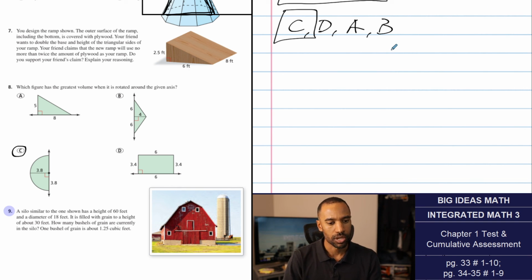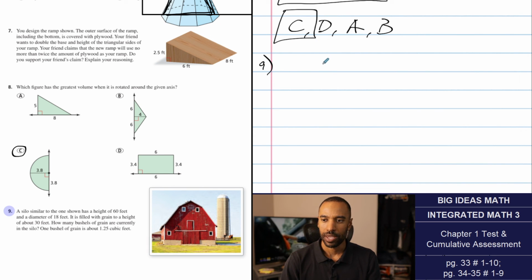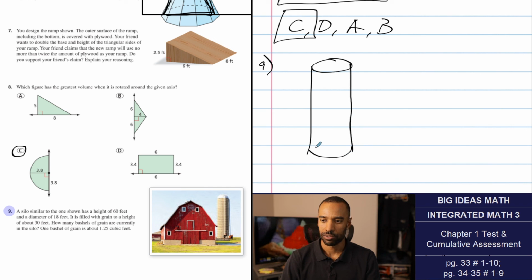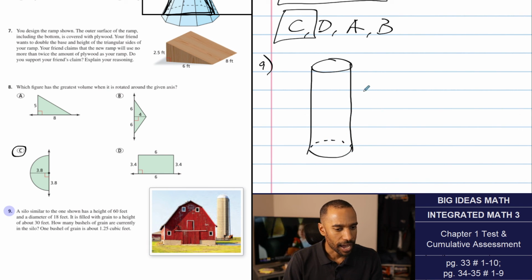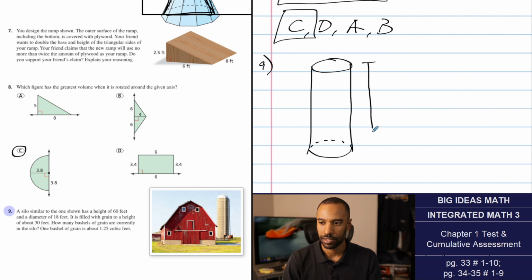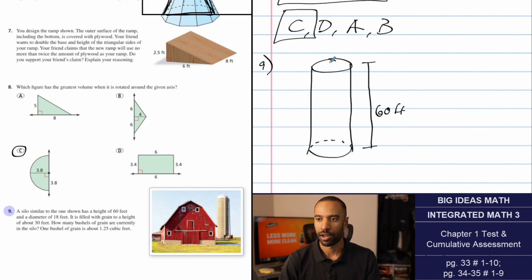Okay, so we have a cylindrical silo. It's got a height of 60 feet. It speaks of diameter. Honestly, I only care about radius, but I'll go and give you diameter as well. So diameter is 18 feet, means a radius of 9 feet.